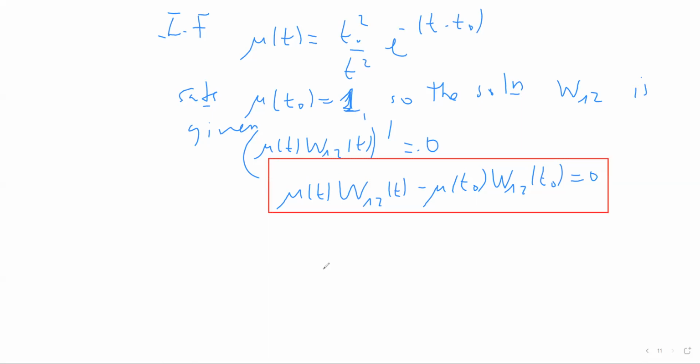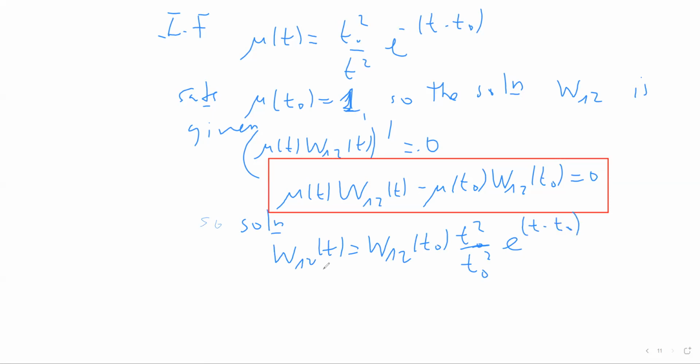So the solution will be W12(t) = W12(t0) times t squared over t0 squared e^(t - t0).